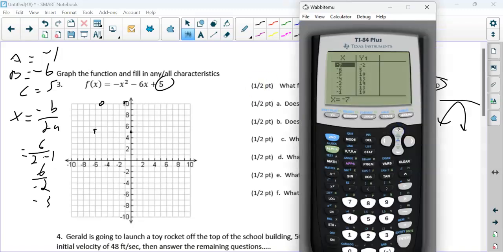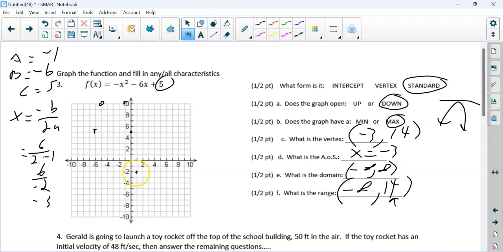And we can do (negative 7, negative 2) and (1, negative 2). And just kind of put it somewhere up there, like so. And we have our 5 points. We also know we had a couple at 13, something like that. And here's our vertex at (negative 3, 14).